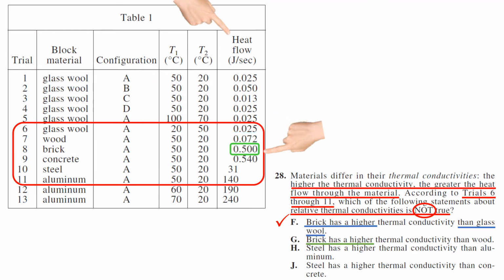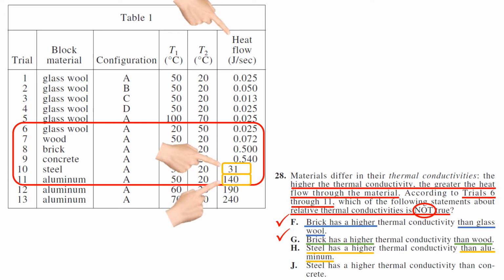Brick has higher thermal conductivity than wood, 0.5 is greater than 0.072, so that is true. So it cannot be our correct answer because we're looking for not true. Steel has a higher thermal conductivity, steel, than aluminum. So steel is not higher than aluminum, so that is not true. So our answer has to be H.